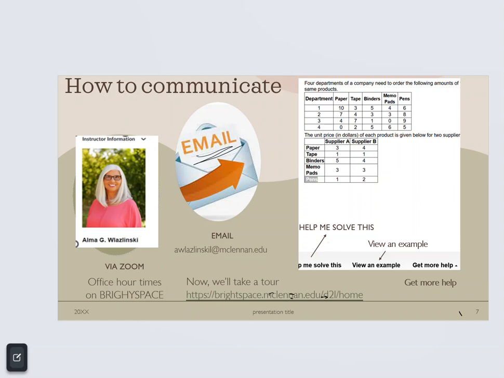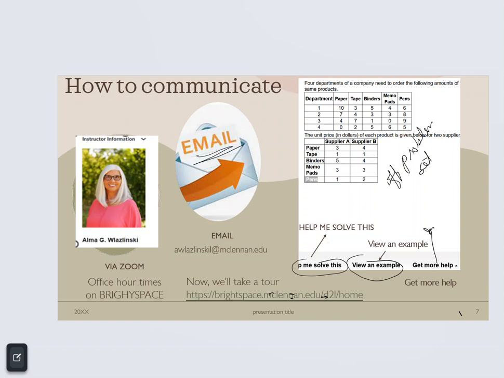Now there's also a way to connect with me if you have a problem. This is off of your problem set. Suppose you don't know how to work it. Well, if this is available, it's a help me solve this. It will prompt you on what to think in the order needed. The view an example is a completed form of the problem that you can view. Some of you can probably learn here.